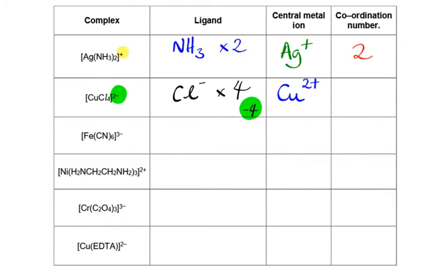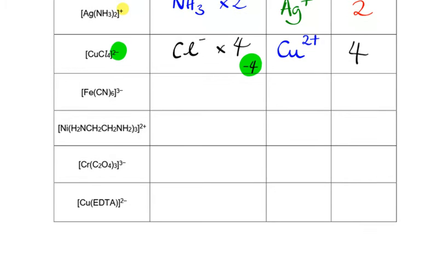In terms of the coordination number, well, we've simply got 4 chlorides, each forming a coordinate bond, so the coordination number is 4. Moving on to the next example. The ligand is a cyanide ion, and we have 6 of them in the complex, so they will be contributing a charge of -6 to the complex ion.